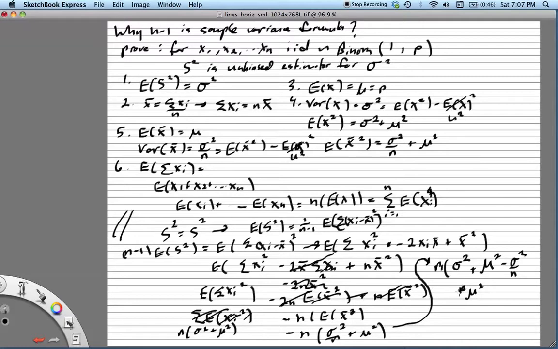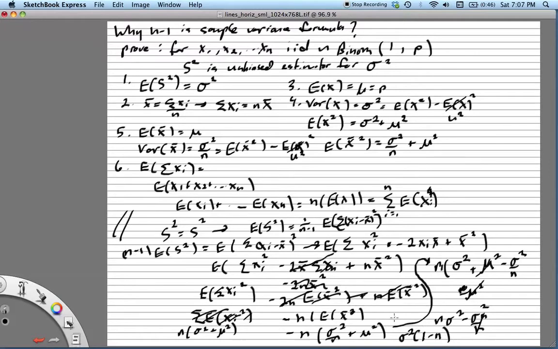Oh, sorry. Very obvious what I did wrong there. We got the minus sigma squared over n minus mu squared. Okay, why? Because it was minus. Our mu squared plus and minus cancel, and we end up with n sigma squared minus sigma squared over n times n. Those cancel, and what we're left with is sigma squared times n minus 1.